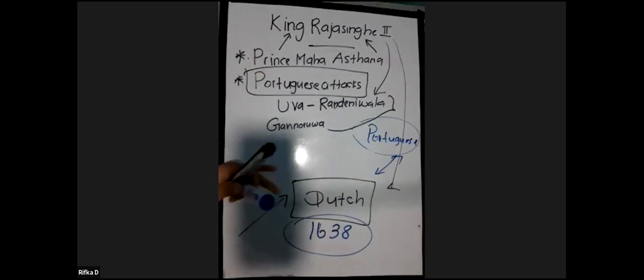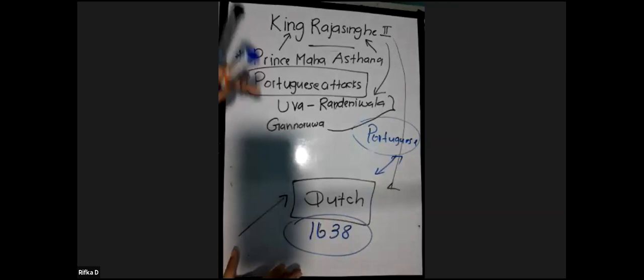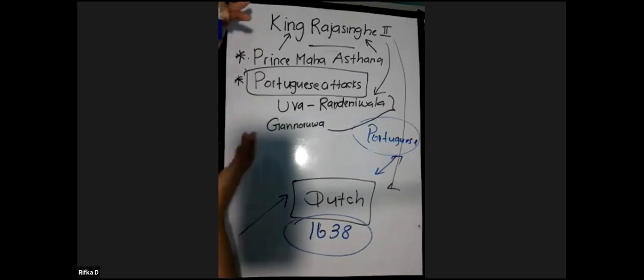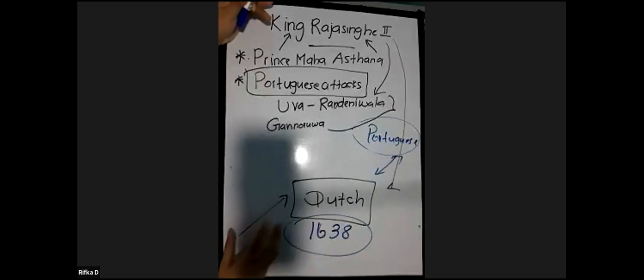So children, if you get a question on during which king's ruling period the Dutch came to Sri Lanka and established their power, that was during King Rajasingha II's ruling period. But the king realized later on that the Dutch entered the Kandyan kingdom not to help the Kandyan king, but to establish their power in Sri Lanka.